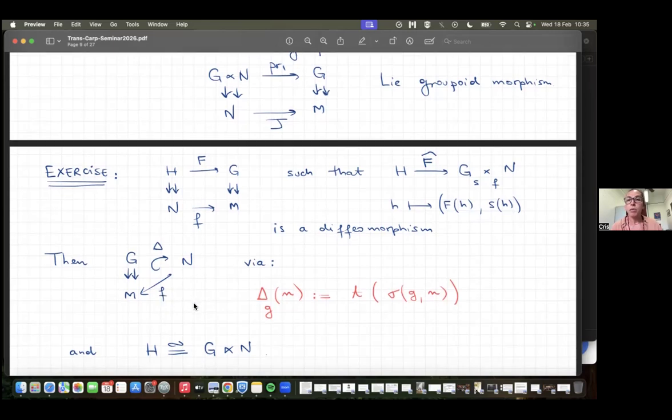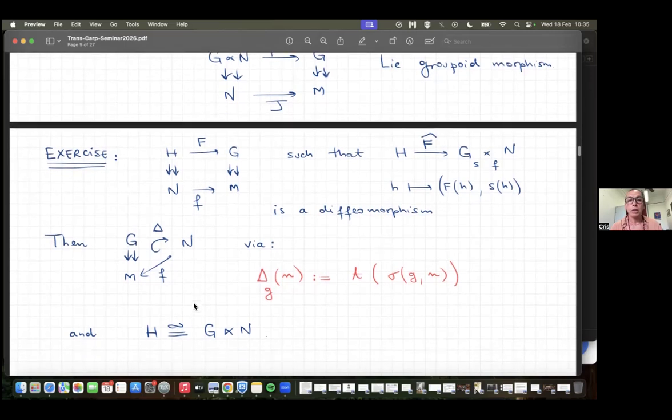And if you take the transformation groupoid of this action, this guy is isomorphic to H. So whenever you have a morphism of groupoids whose hat map is a diffeomorphism, this immediately tells you that there is an action and the domain of the morphism is the transformation groupoid.